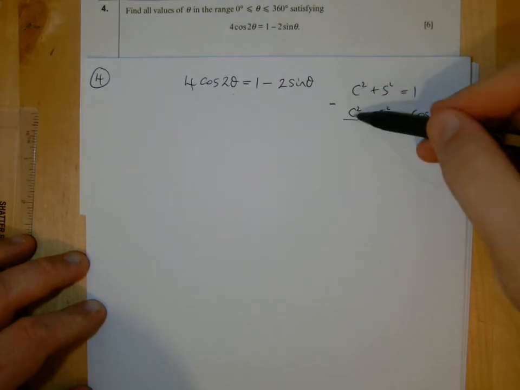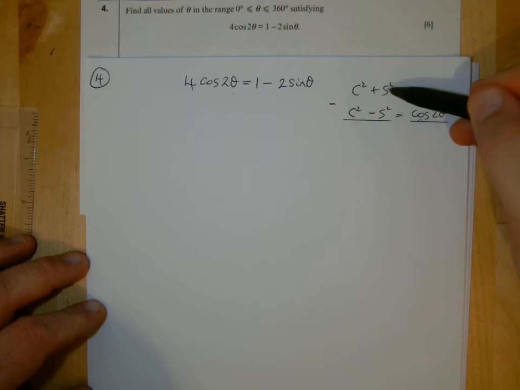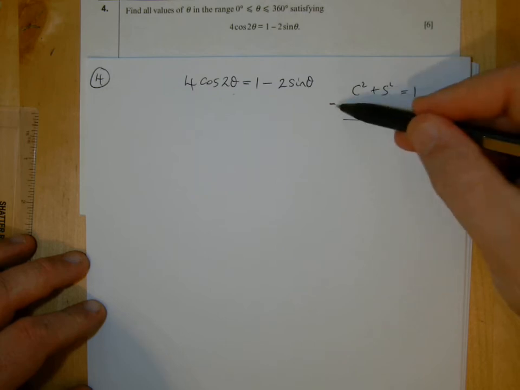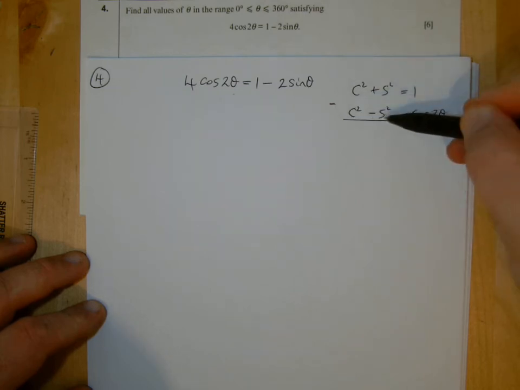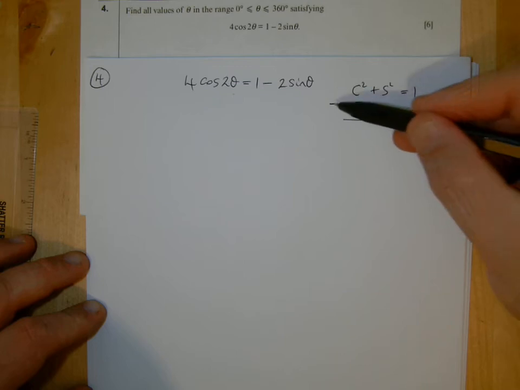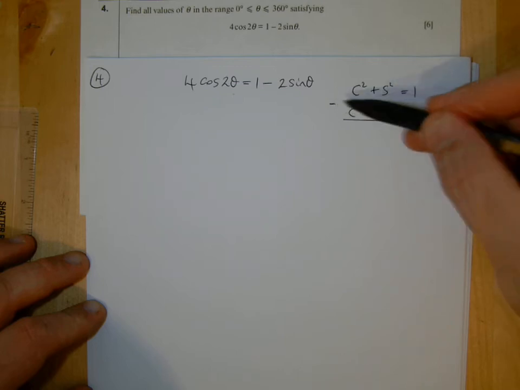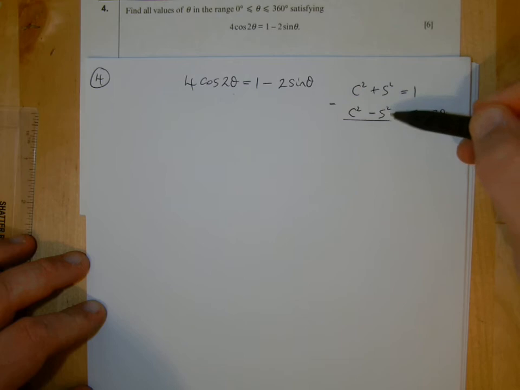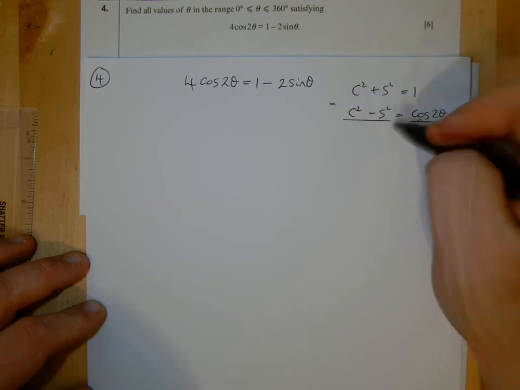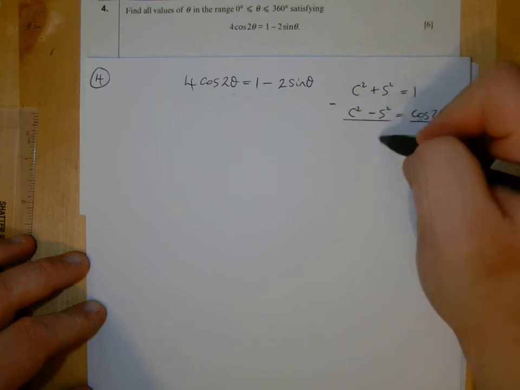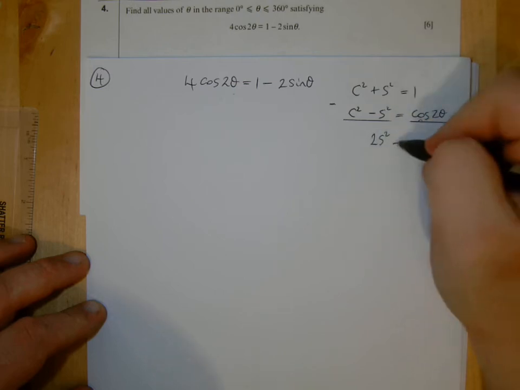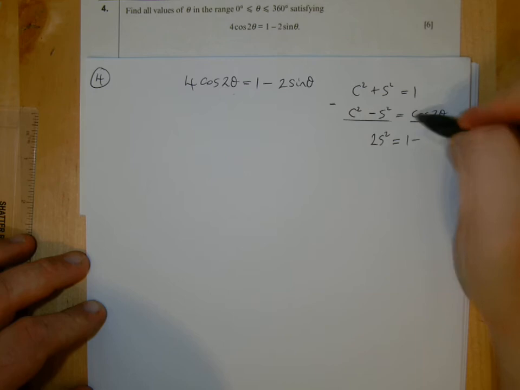Now careful here, sine squared take away negative sine squared. Two minuses make a plus. So actually, this will end up being 2 sine squared. And then 1 take away cos 2 theta.